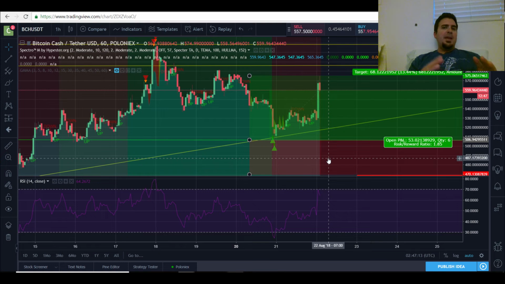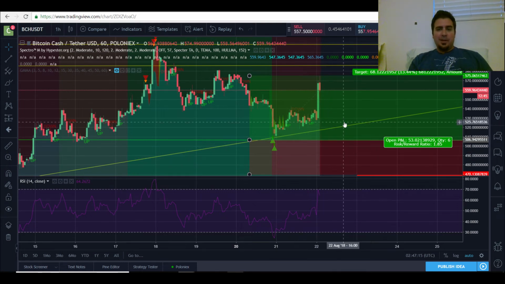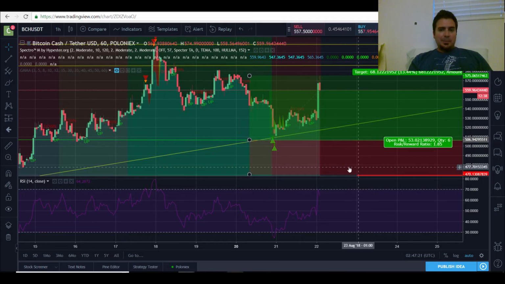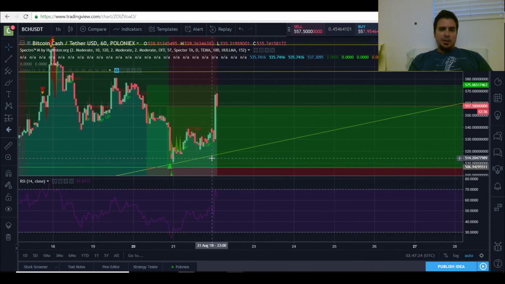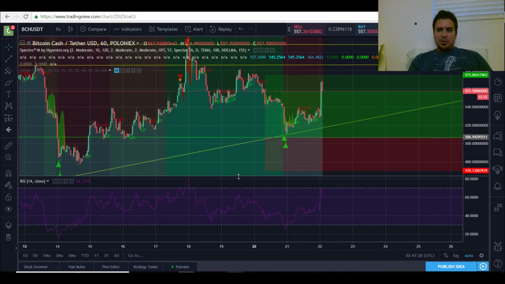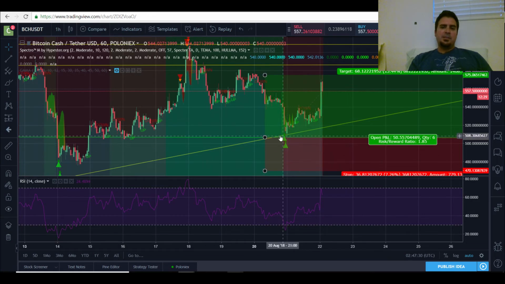I drew my manual analysis by drawing lines, channels, and areas of support and resistance. But Spectro literally lights up like a Christmas tree. Oh no, what's going on with my chart? Let me zoom back out again. It lights up like a Christmas tree, as you can see right here. See these arrows?